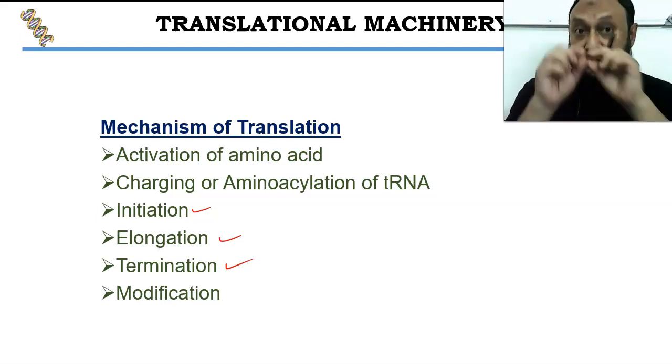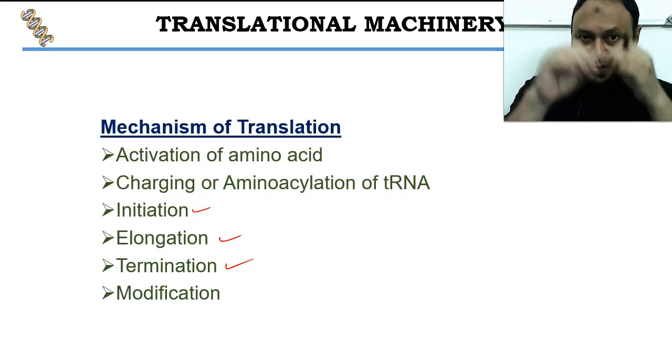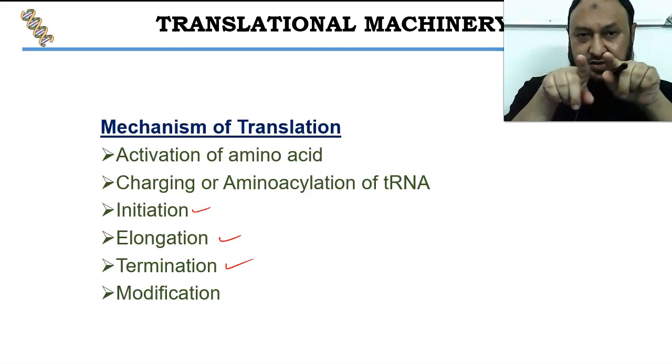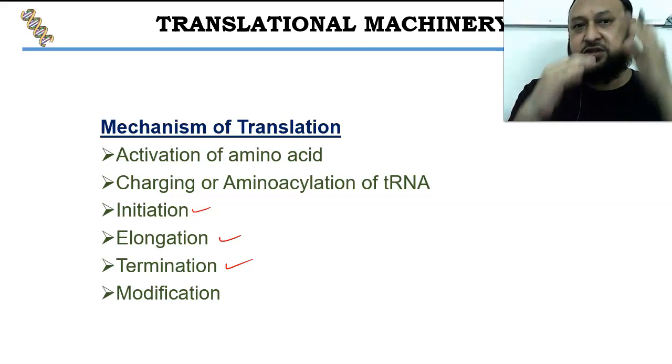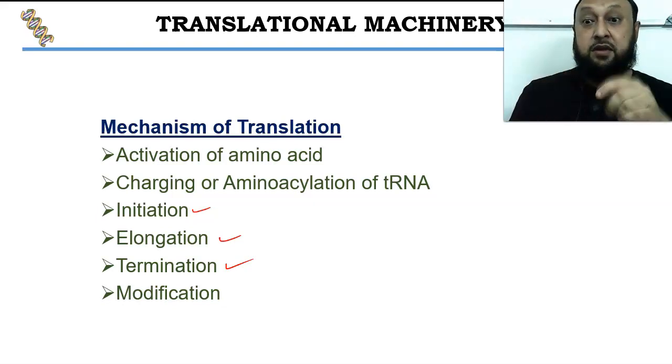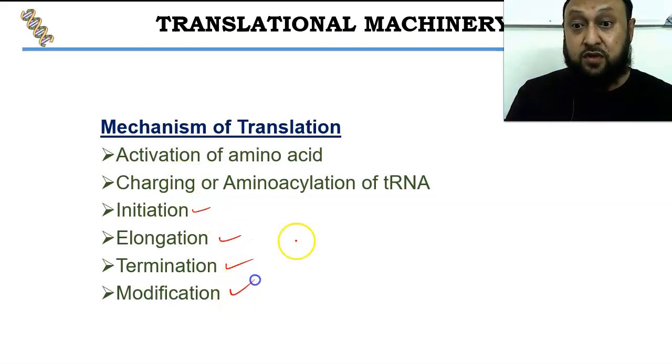So this modification happens once the polypeptide chain is formed, or through the joining of polypeptide chains or other conformational changes in the shape. But what about the top two, activation of amino acid and charging?